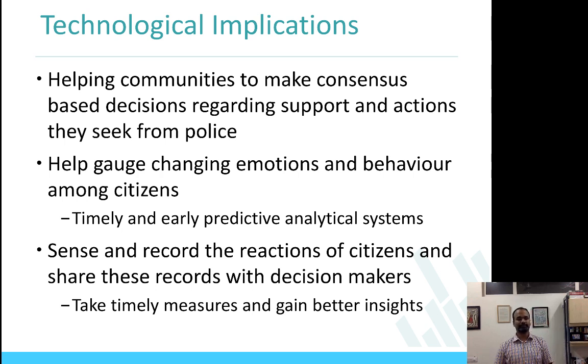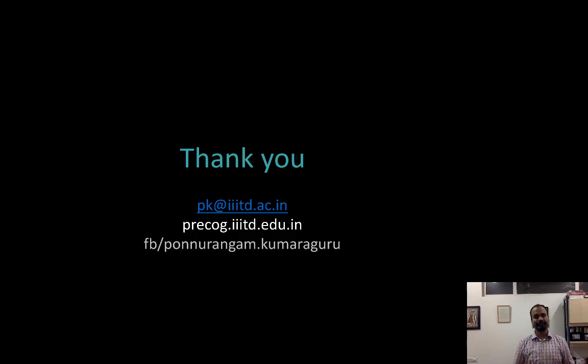So essentially, all of this can have a societal impact in terms of police and citizens interacting better. Technologies can be built to help police make better decisions. It can help citizens have a safer life.